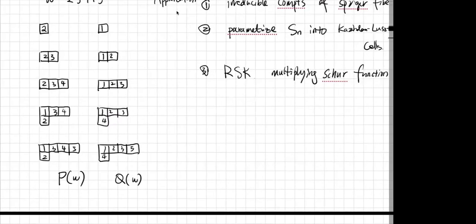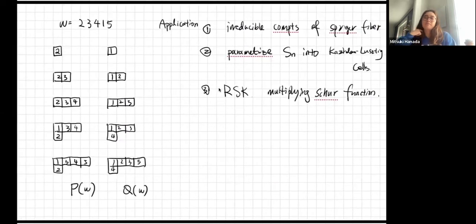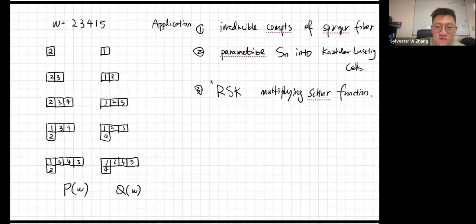What do you mean by the index to irreducible components of the Springer fiber? Can you elaborate on that? So I'll just briefly explain it.